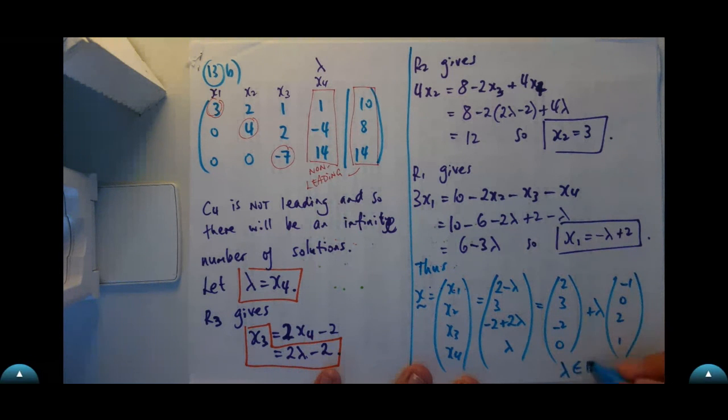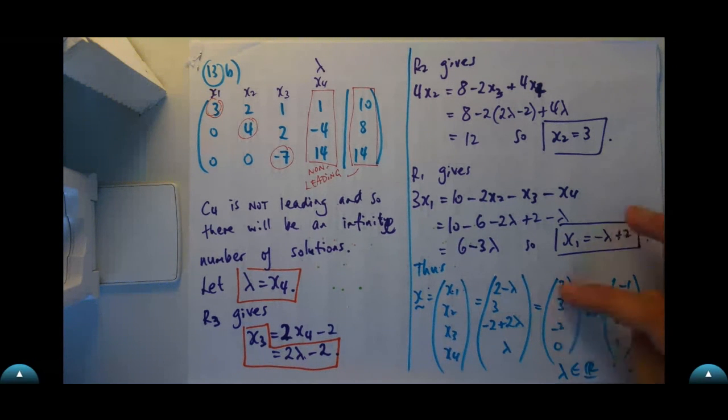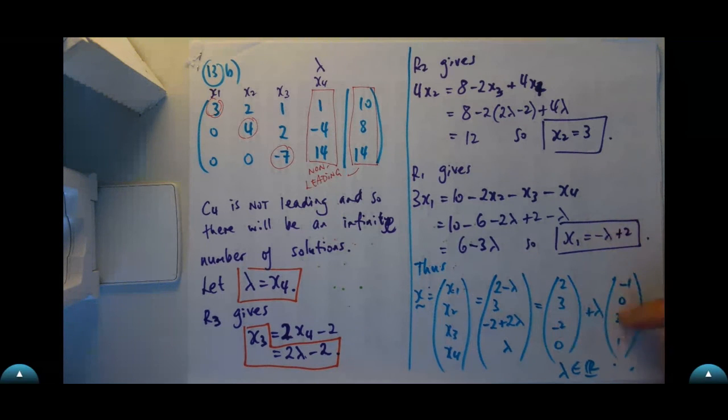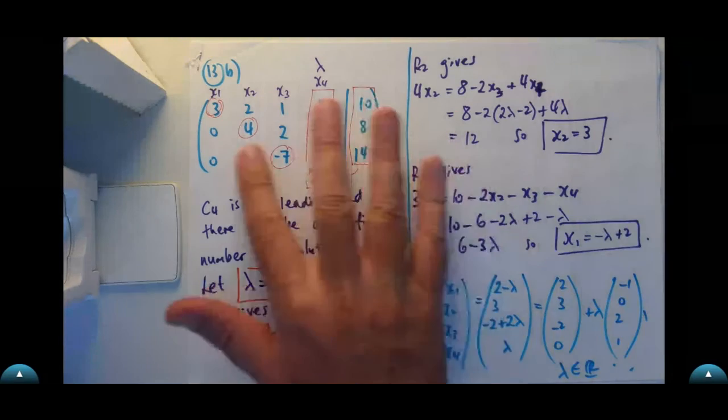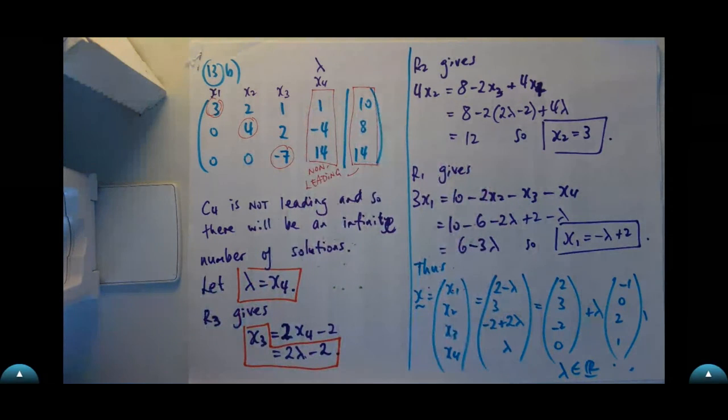And this is lambda. So this is a line. The line is going to pass through the point associated with this, and this is going to be a vector that's parallel to the line. It was quite a long process to do by hand, of course, but this is called the method of back substitution.